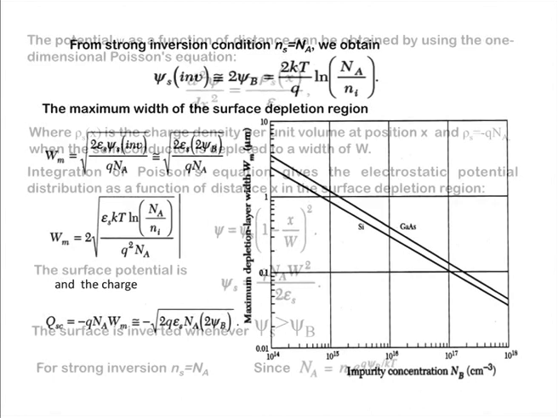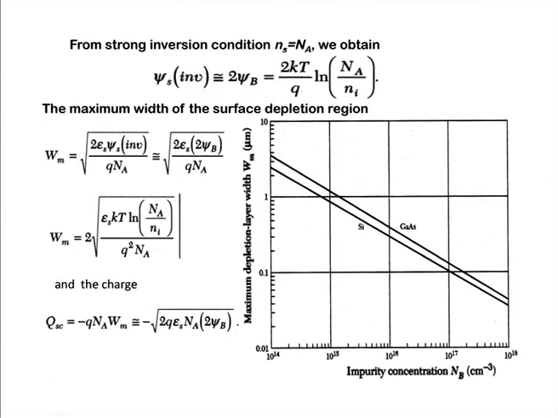By using these equations, in the strong inversion case our psi s inversion will be equal to 2 psi b, and psi b again is related to the doping of the substrate. So, we can write psi b equals kT upon q ln(Na upon Ni).